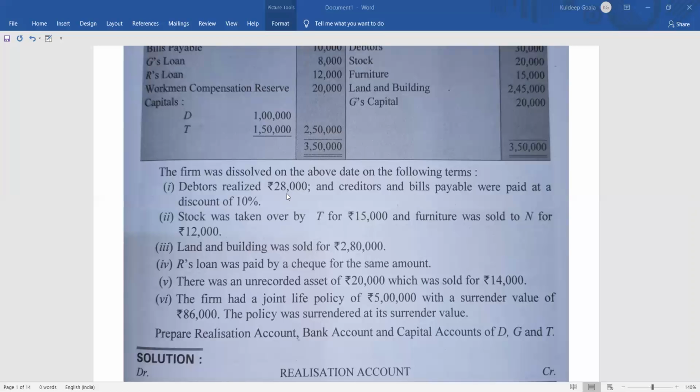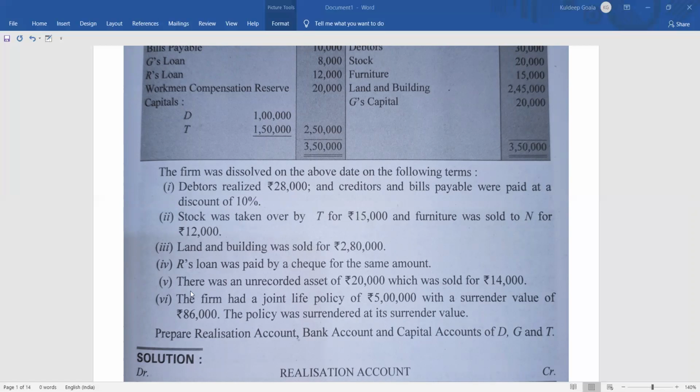So debtor we got 28,000. What we are doing is finding out what money we have got by selling the assets. Stock was taken over by T, so we are not going to get money. We'll adjust in the capital. Furniture we have got 12,000. Land and building was sold at 2,80,000. And after that, R's loan was paid.